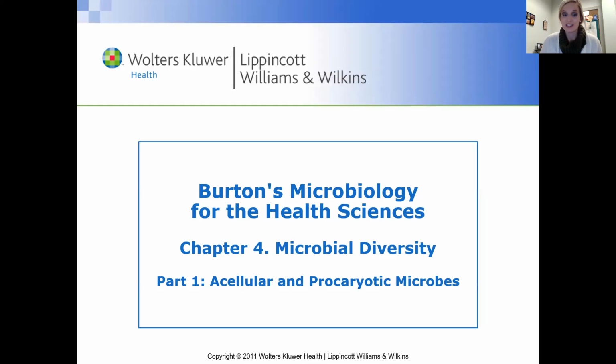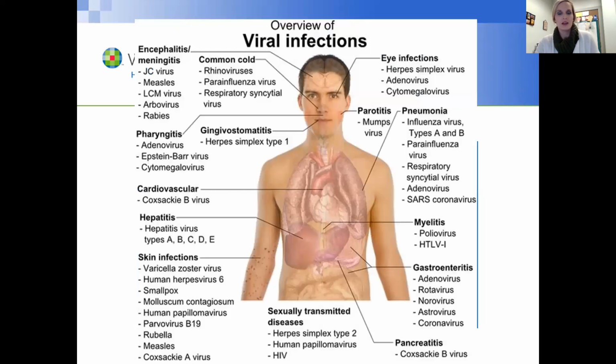So we're looking at acellular organisms here, so viruses. I start off by showing you guys, again, I mentioned that you guys are going to commonly come across viruses in the nursing field because you guys are going to see viral infections. So this is just an overview of some of your most common viral infections that you guys may see. And there's more than this. This is just a few of them.